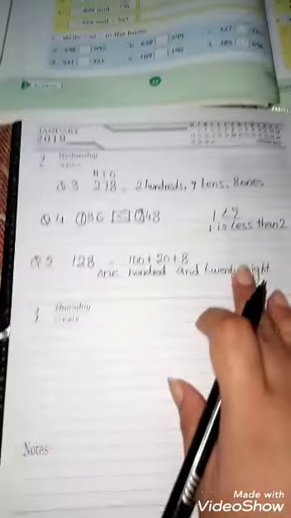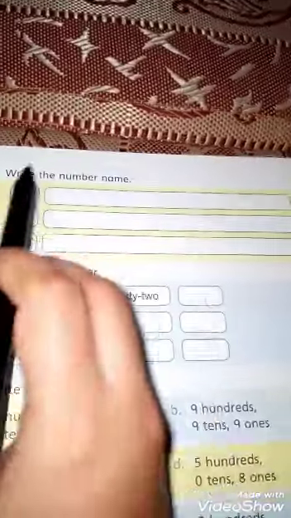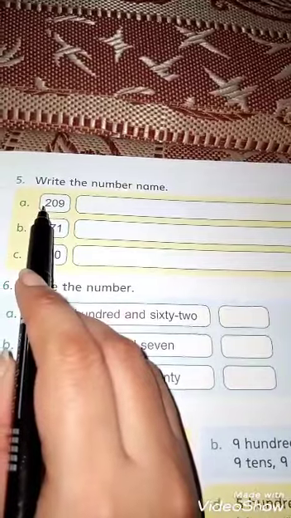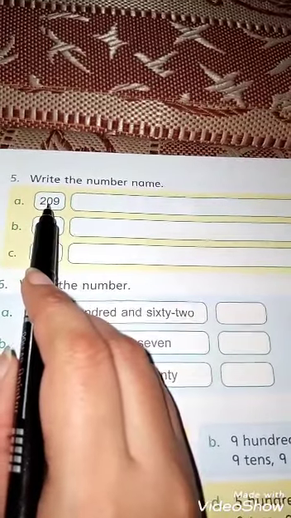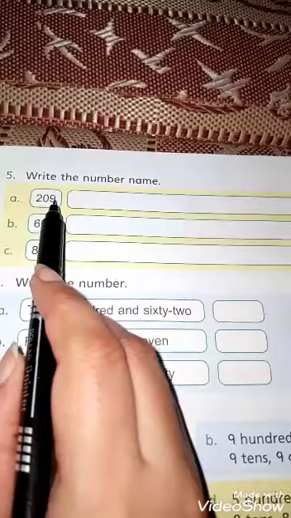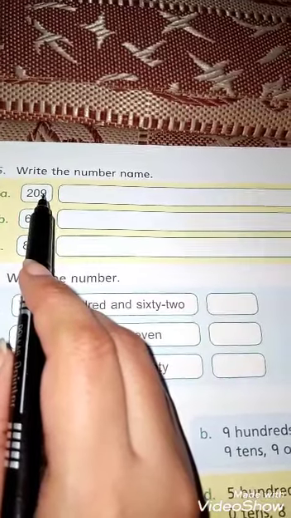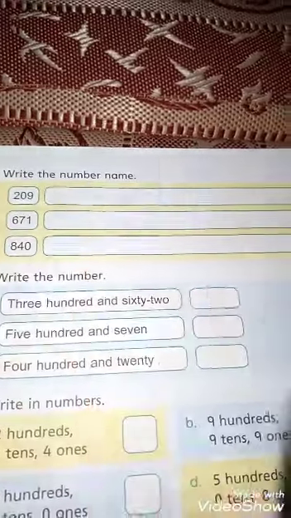Now another question in your book you can solve in your copy. 209. 2 is the place value of 100, 0 is the place value of tens, 9 is the place value of ones. How can we solve this question?